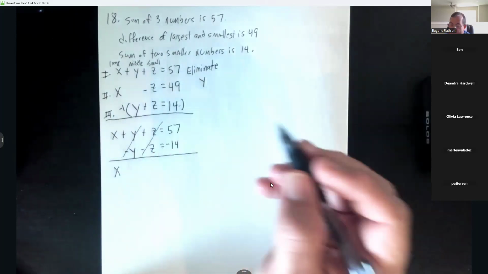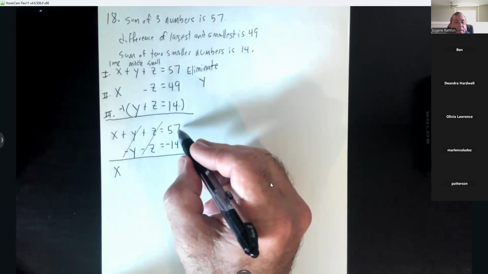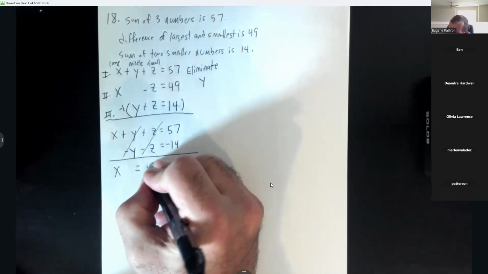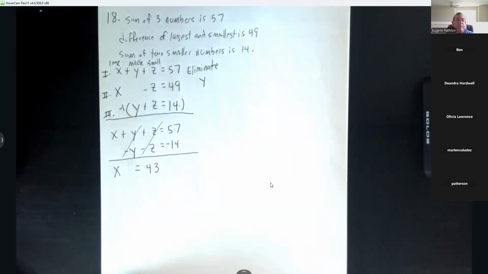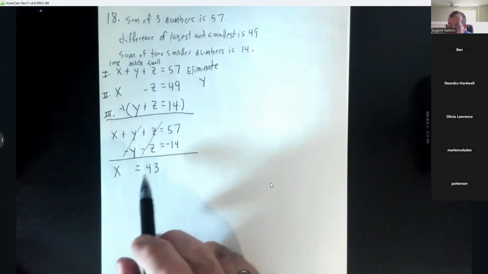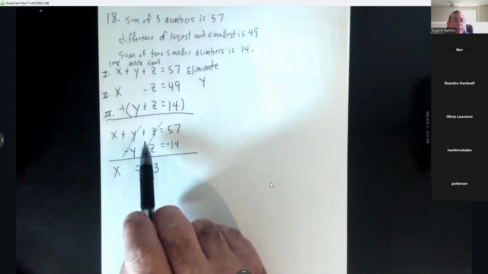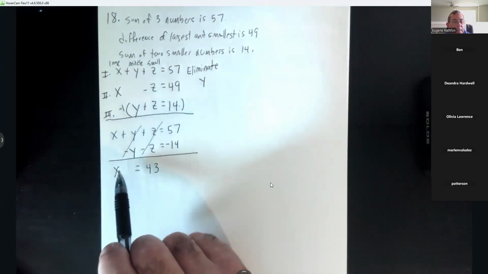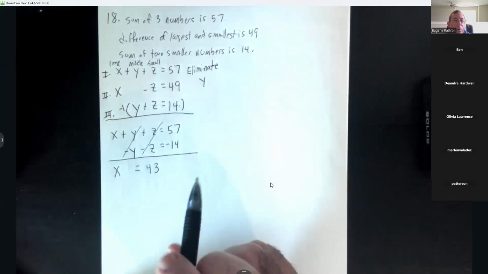The Z's cancel. 57 minus 14 is 43. I know what X equals now. So you picked a good variable to eliminate. So y'all, if y'all are doing this, eliminate the Y, because then you'll have your X solved for.